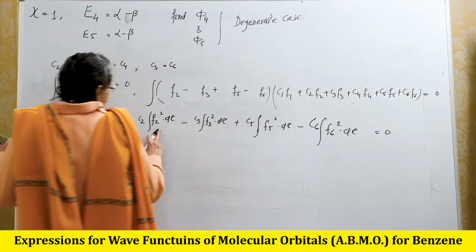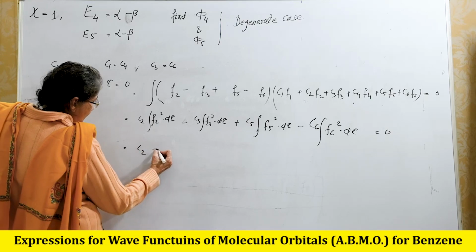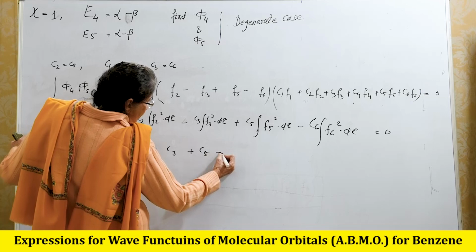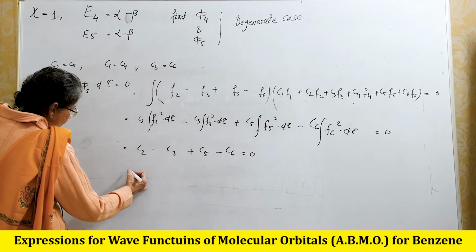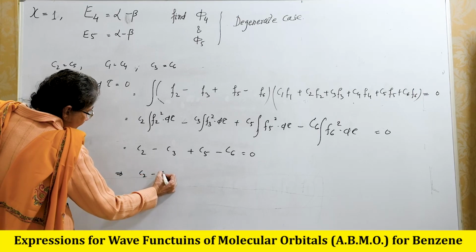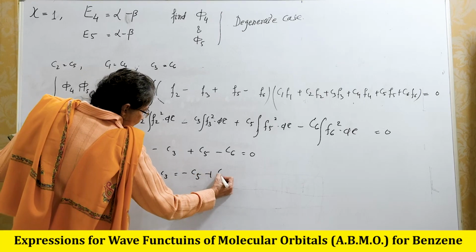As this is the normalized condition, 1, 1, 1, 1, from here we get the relationship C2 minus C3 plus C5 minus C6 is equal to 0, or C2 minus C3 is equal to minus C5 plus C6.